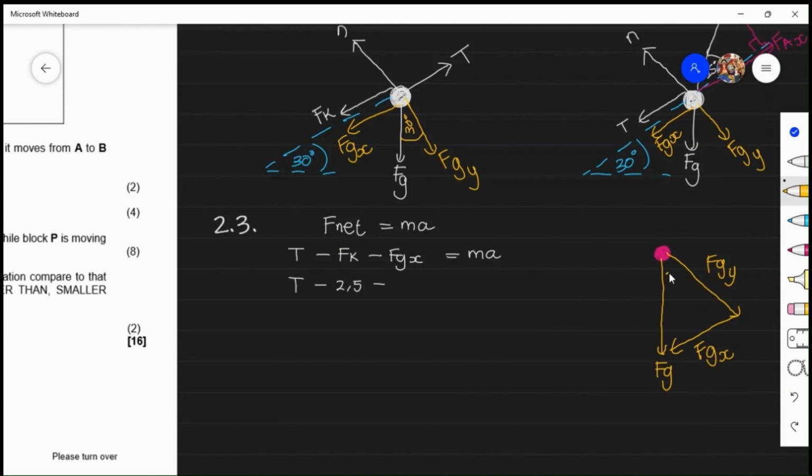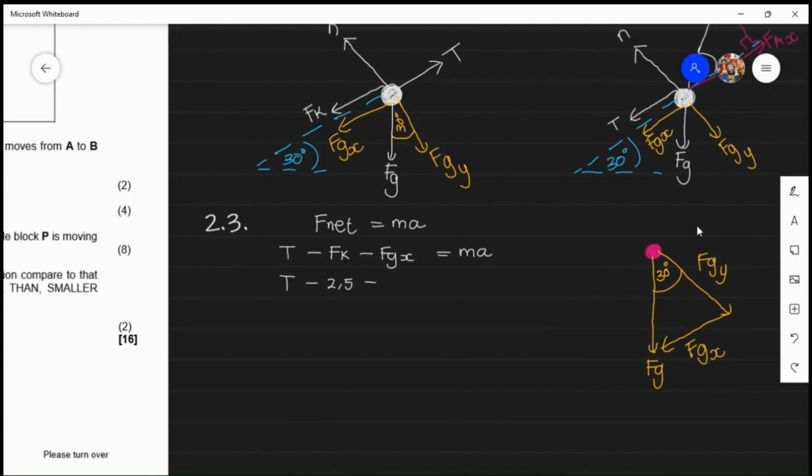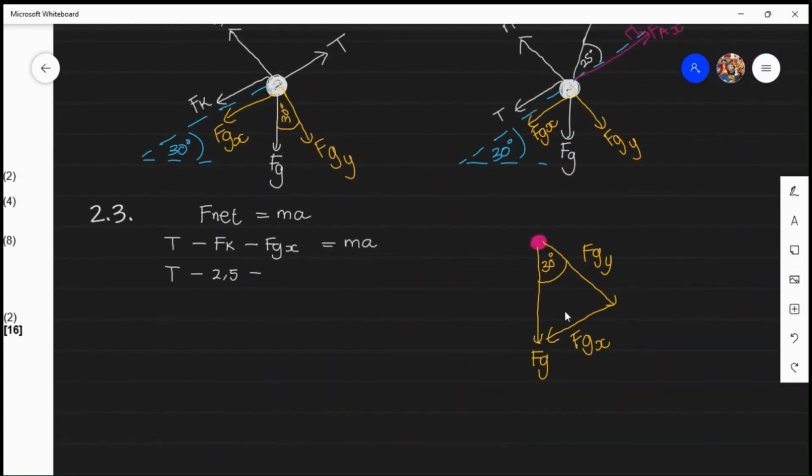And this is a 30-degree angle. Now we need to try and see, are we going to use sine or cos for Fgx? How we identify that is, if you take note, this is the adjacent side to our angle, and this is the opposite side to our angle.